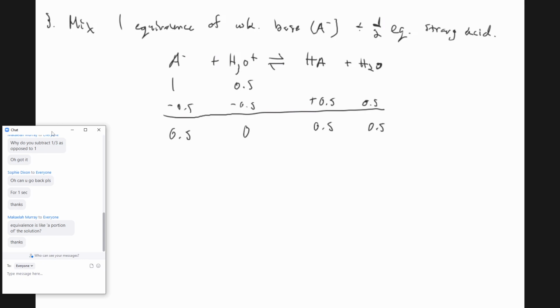But you're just trying to do a ratio of 2-to-1, 2 parts of your weak base and 1 part of strong acid, right? If you think about it like in a recipe, in terms of molecules. That's how I like to think of it.